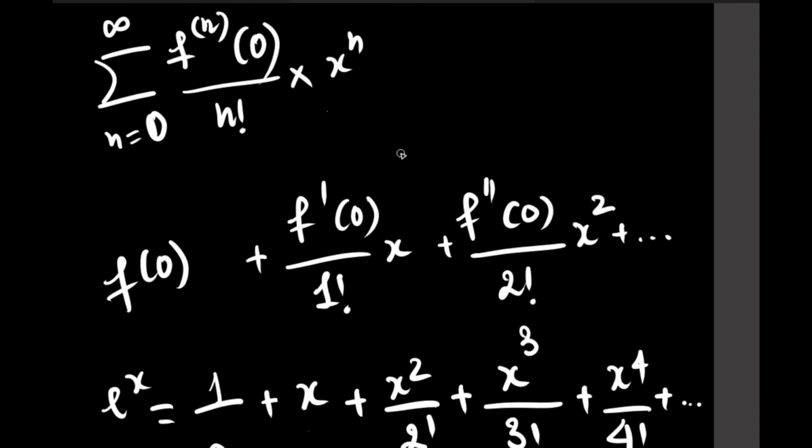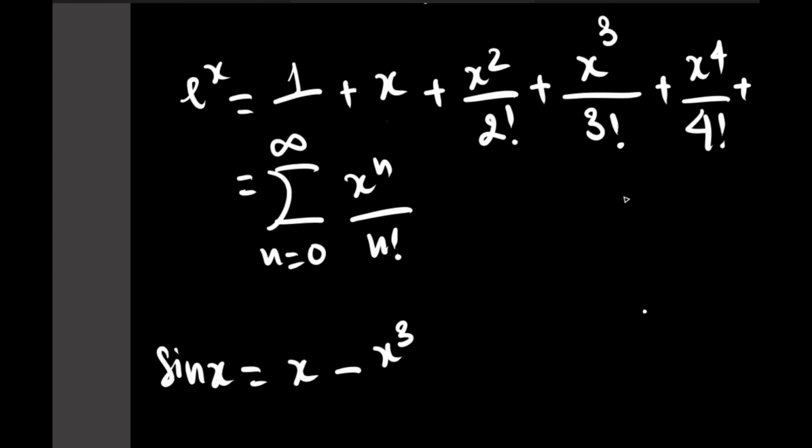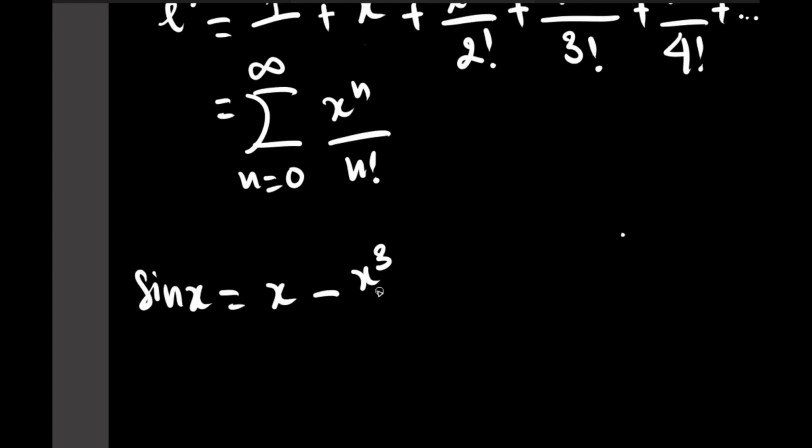We actually skip the x squared term, because here this is minus sine x, and minus sine 0 is 0. So we're going to skip this x to the power of 2 and jump straight into x to the power of 3, and that's going to be cosine again, but the sign changed to negative. That's why we have our minus sign right here: minus x to the power of 3 over the factorial of 3.